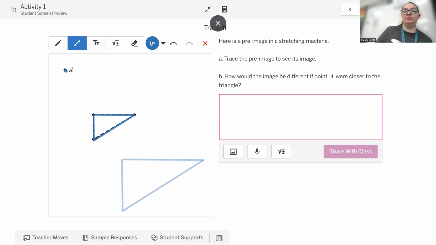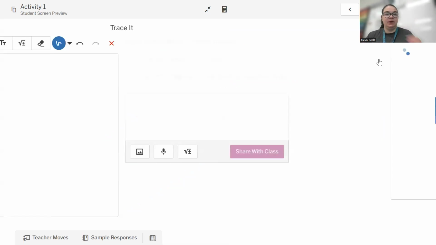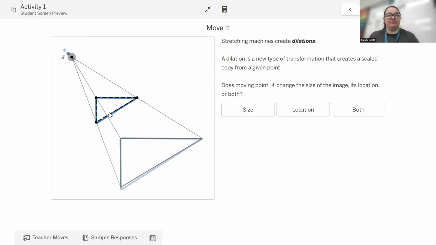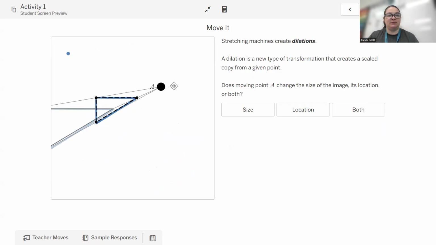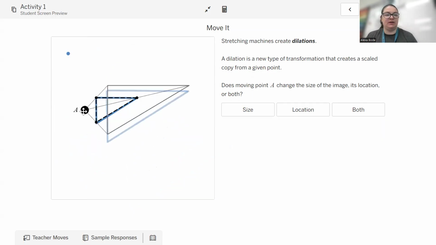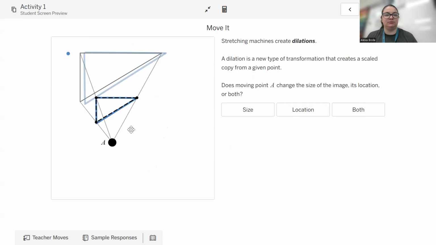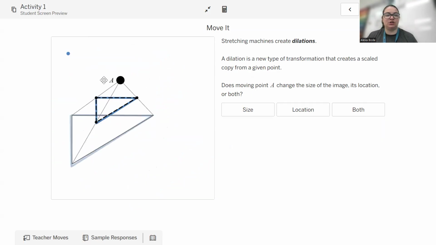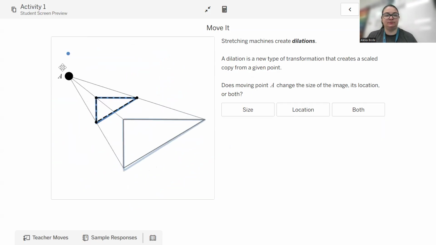Okay, so slide 4, we are going to actually test whatever you said here. So we have the original triangle, we have the triangle that it traced, and we are going to move this point A around. So as we move point A, it is moving the new triangle. It is changing the new triangle.